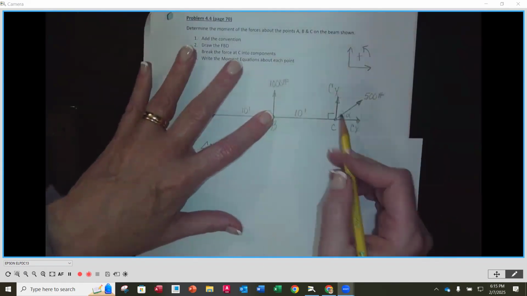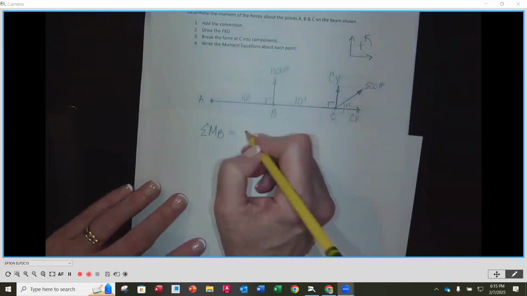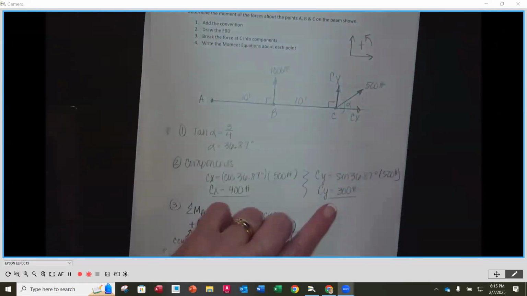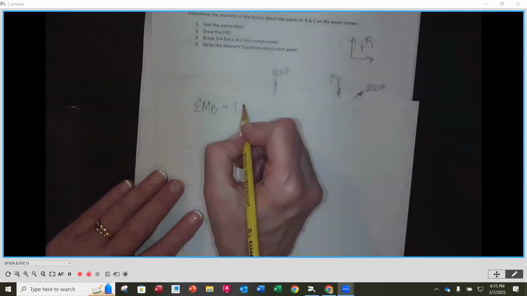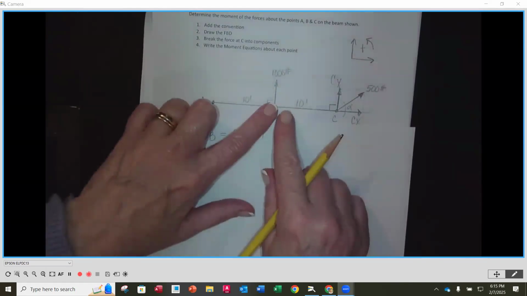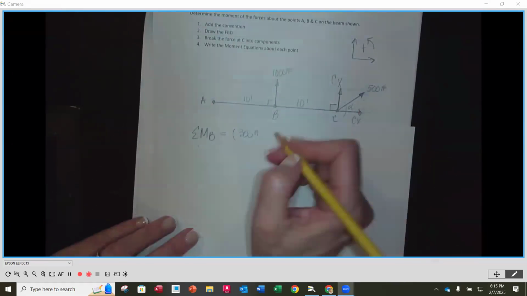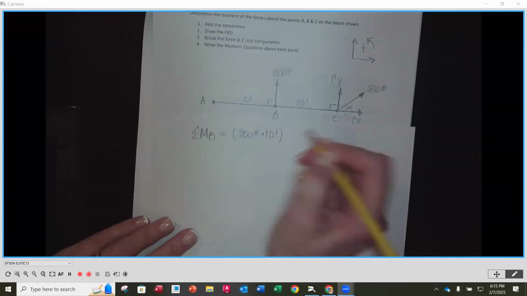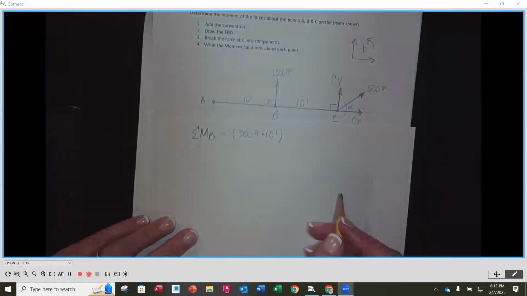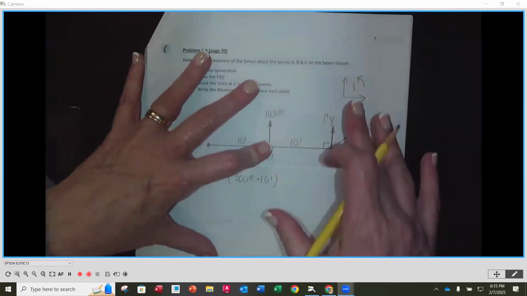And our CY is the one that's offset. So if we rotate there, it causes a rotation. So our CY, we know that to be 300 pounds. And from B, the perpendicular distance is 10 feet. And now again, the direction of rotation will be the sign out front.